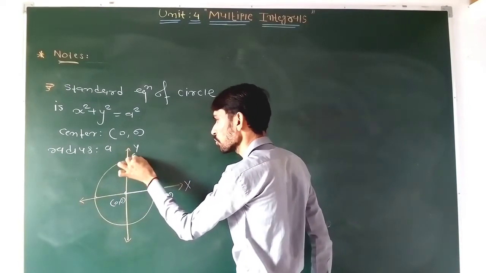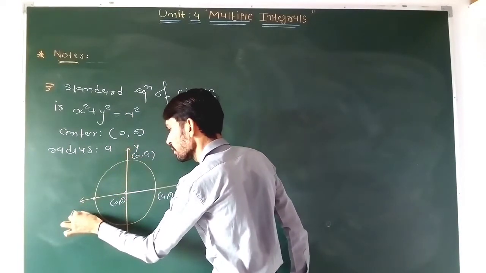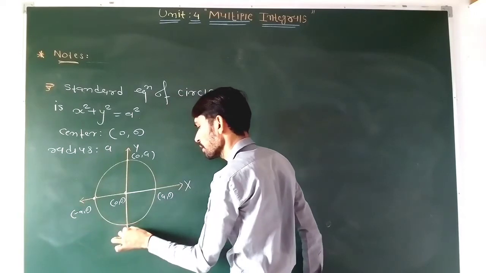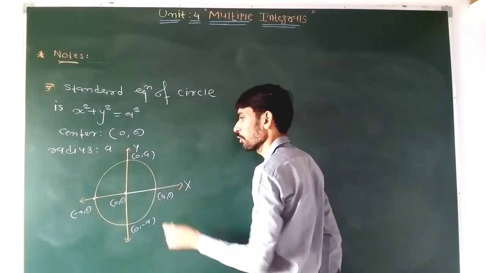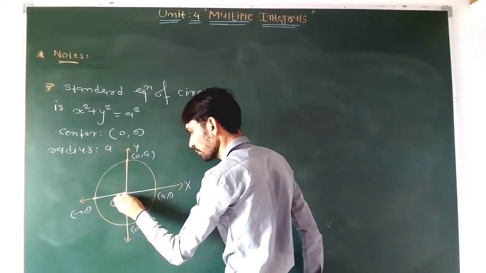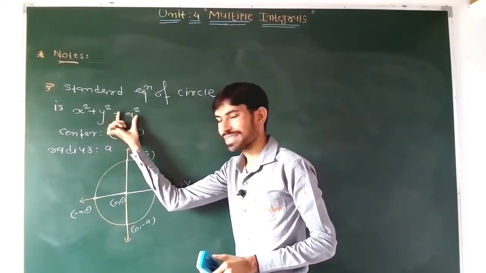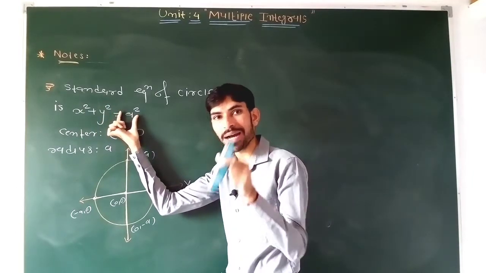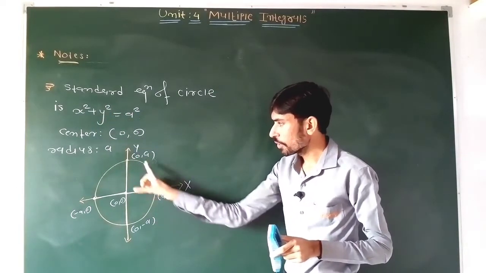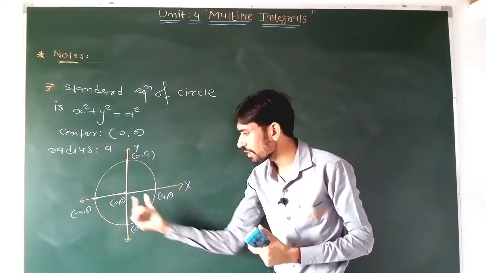This point is (0, a). This point is (-a, 0), and this point is (0, -a), because all are the radius. So x square plus y square is equal to a square is the equation of this circle, which passes through the points (a, 0), (0, a), (-a, 0) and (0, -a) with the center (0, 0).